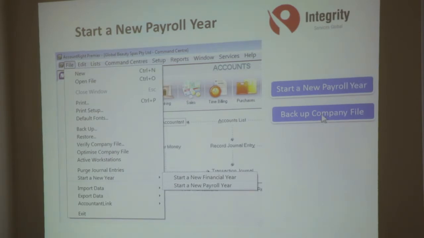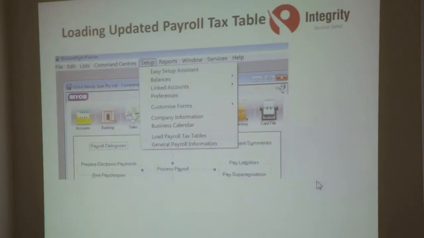But the point is we must back up company files before we start the new payroll year. So after we start the new payroll year, we need to load the payroll tax tables. This year the rate does not change, but next year there will be a little change. So every year in July we need to load the payroll tax tables. So after that, the new year begins. So that's a very simple procedure.